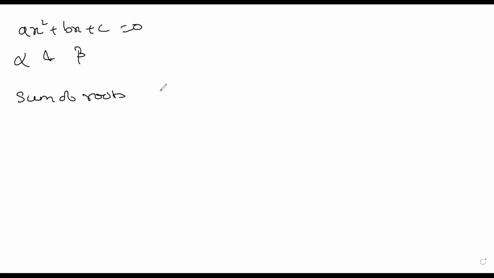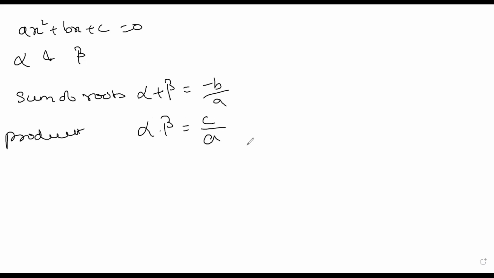Now, if my quadratic equation is ax square plus bx plus c equals 0, and its roots are alpha and beta, then sum of roots, alpha plus beta, is given as minus b by a, and product alpha beta is given as c by a.